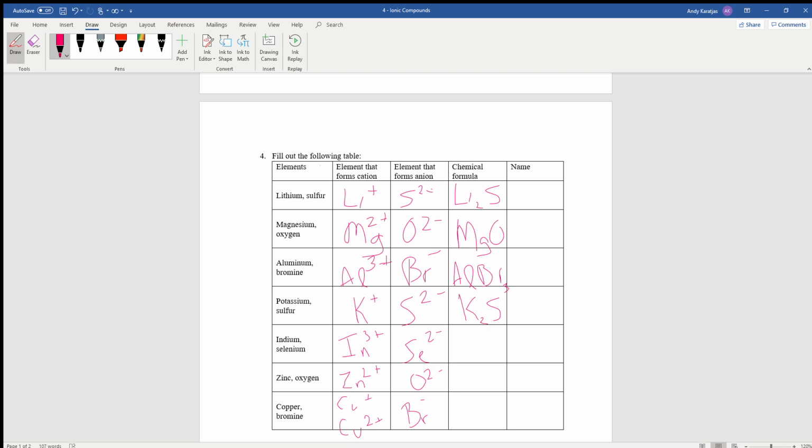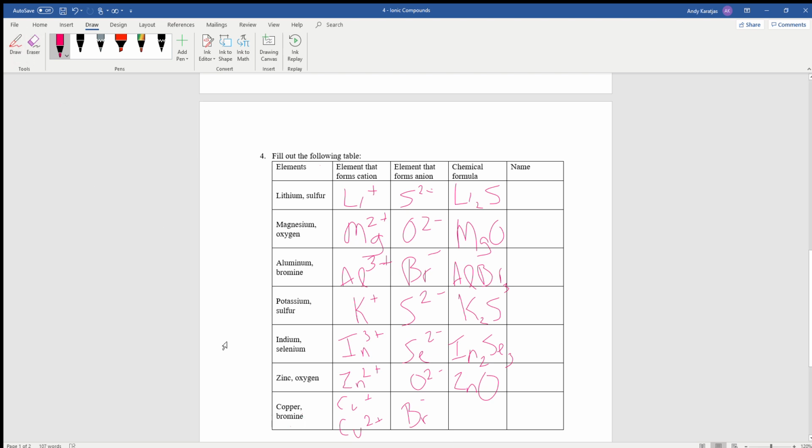Here, indium is +3, selenium is -2, so we're going to have to go to a total of 6 to get these equal. So we need 2 indiums and 3 seleniums. Zinc and oxygen are like our magnesium and oxygen case. They have equal magnitude, so we need 1 of each.